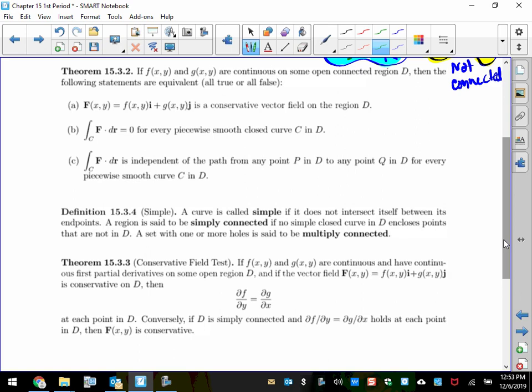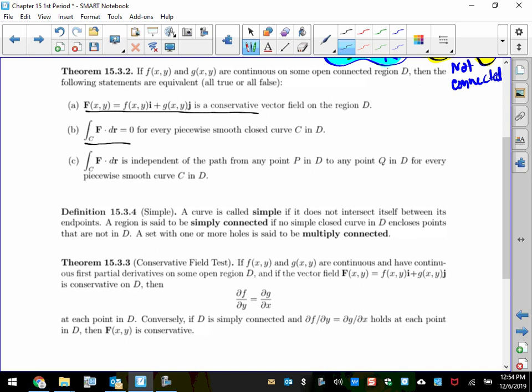And then part B says that the work accomplished is 0 for every piecewise smooth curve C that is in D. So the field being conservative is the same thing as saying work accomplished is 0 for every piecewise smooth curve that's closed in the region D.